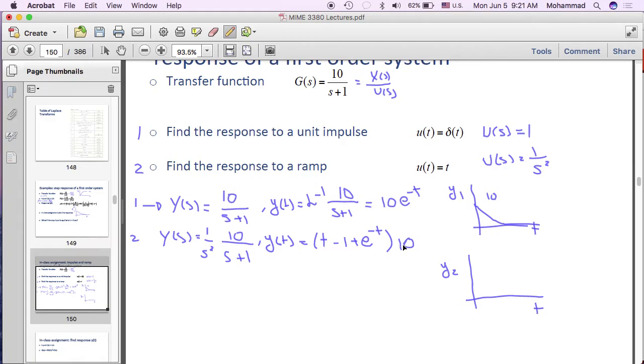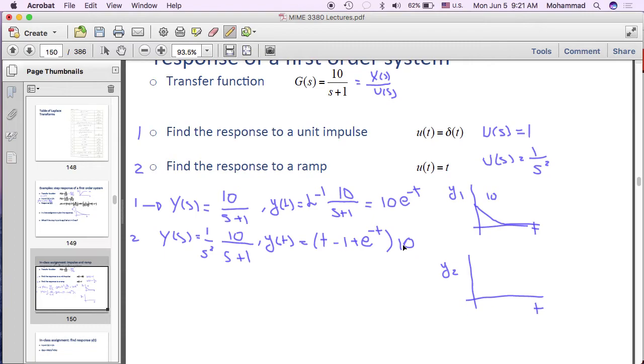So back to my question, when t is equal to 0, what is the value of this function? For t, you have 0, you have negative 1 plus e to power 0, which is 1, so minus 1 plus 1, so the value of the function at time 0 is 0. Okay, as time goes on, what will happen?